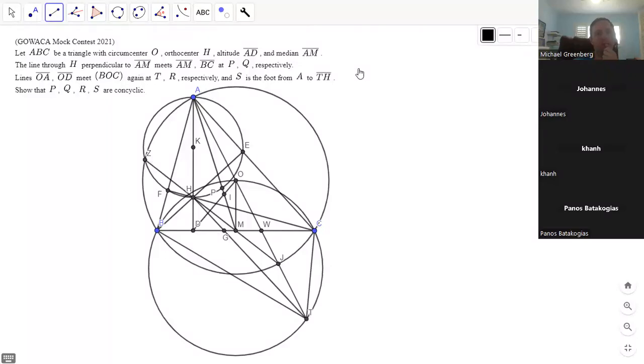H, M, J, and Z. So maybe we could project these onto this circle. So M goes to Z, D goes to A.